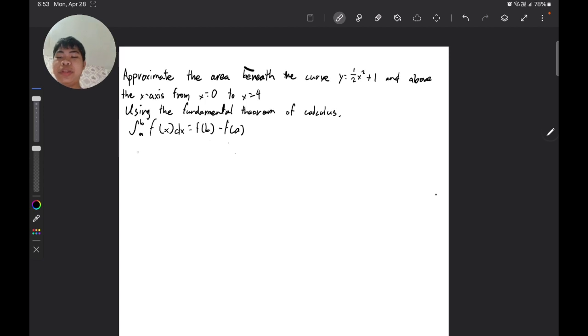To solve, we will be antiderivating the following function.